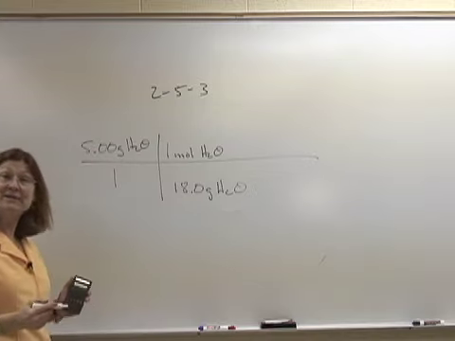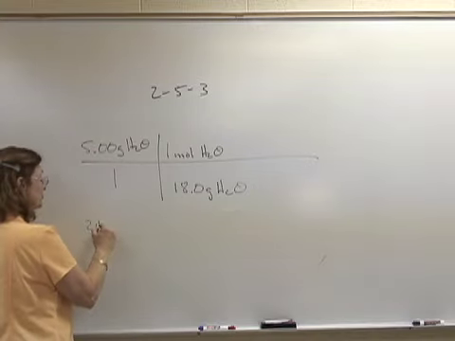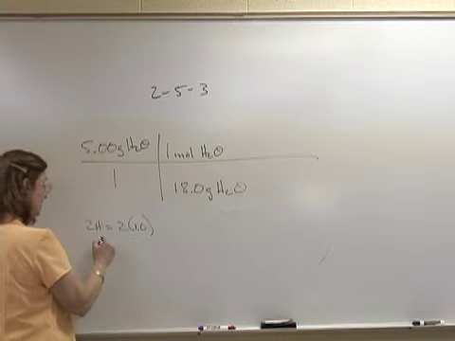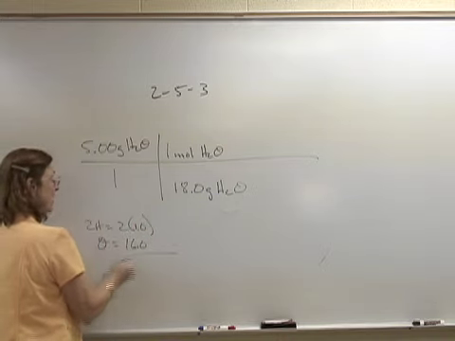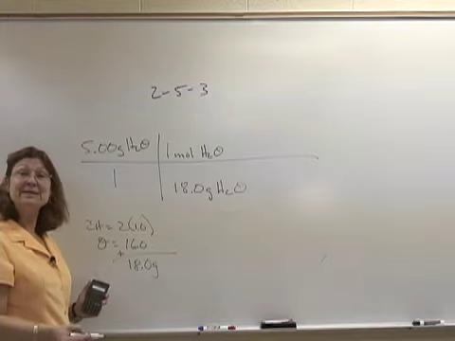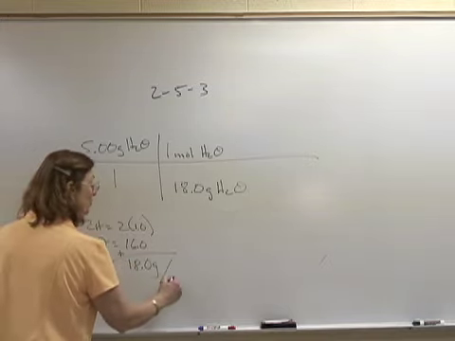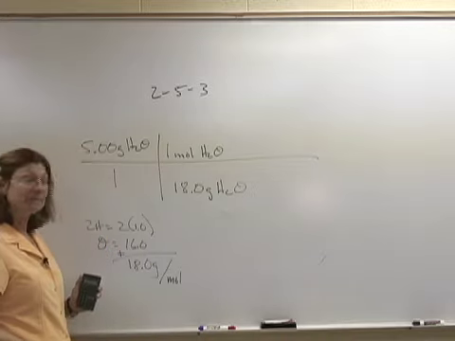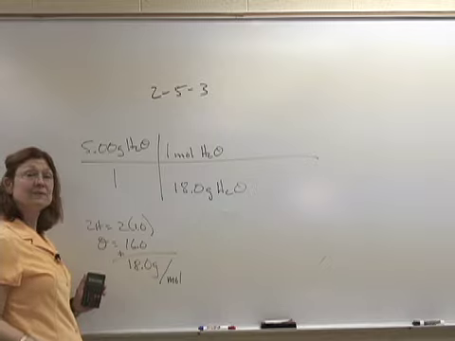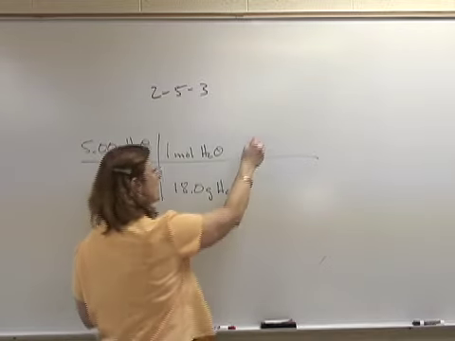And you remember that we did that? We said that 2 hydrogens is equal to 2.10, and oxygen is 16.0, and therefore when we add them together, we get 18.0 grams per mole for water. And therefore my grams will cancel, and I get to moles. And then for moles, I can go to molecules.